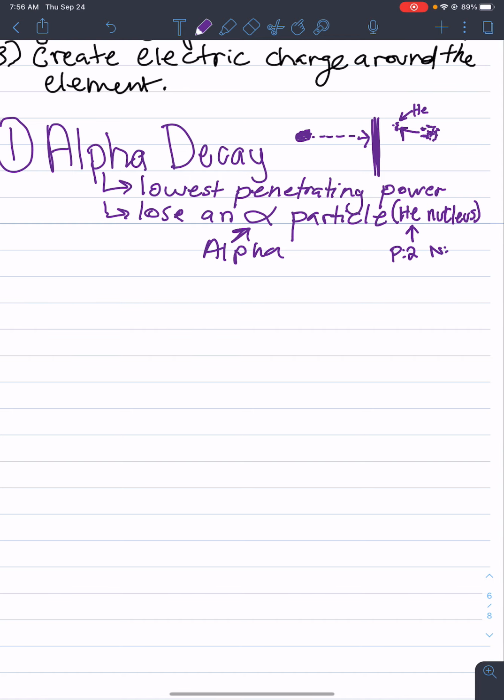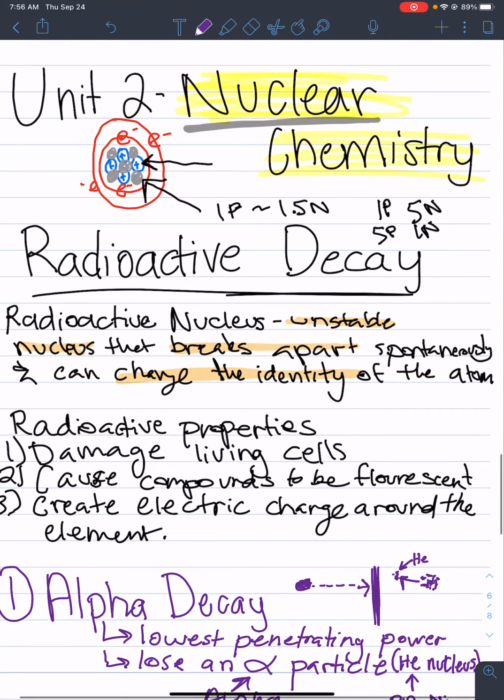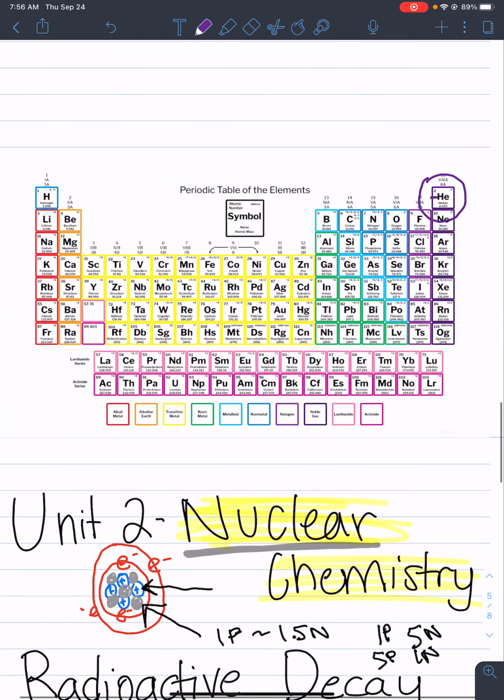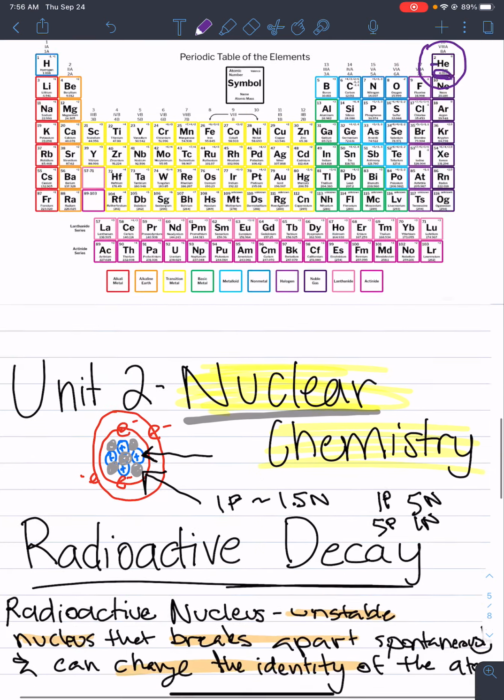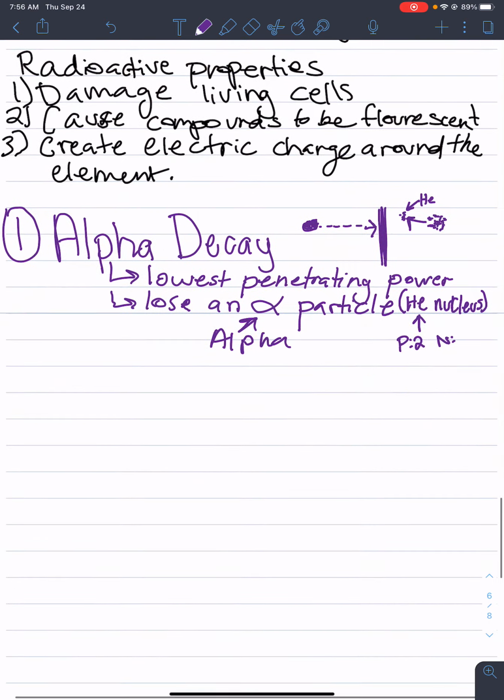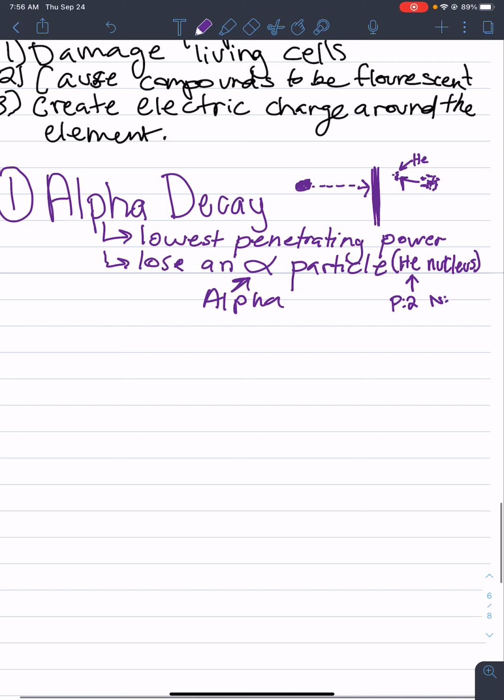Alright, let's figure out how many neutrons helium has. Because remember, we're talking about the nucleus. So we're not talking about electrons. We're talking about protons and neutrons. So if we look down here, it says it's 4.003. So if our mass is 4, if you remember from the last unit, we do 4 minus 2 to get our number of neutrons, so that's 2.